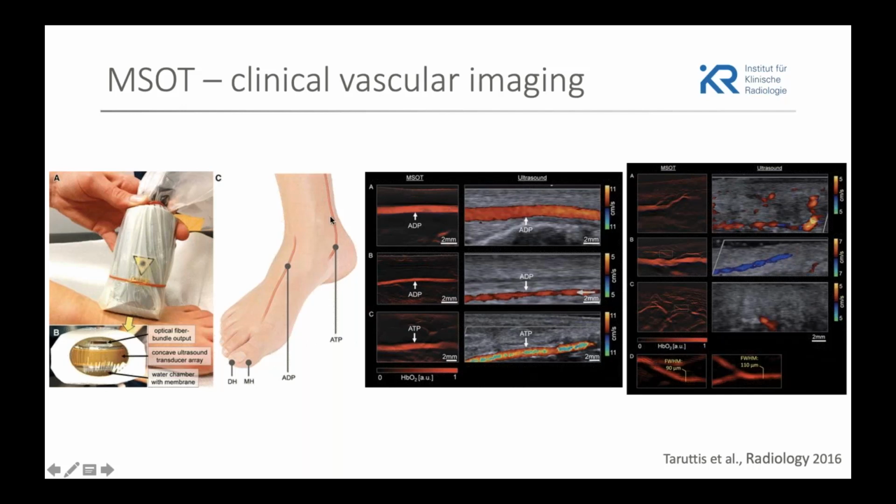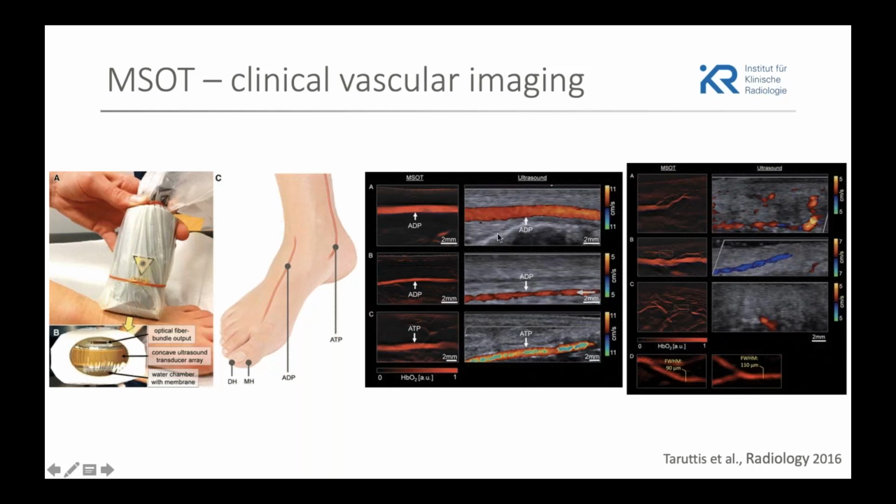And what they did is they went to healthy volunteers, and they were actually able to image the vessels of the foot, the bigger ones like the arteria dorsalis pedis on the back of the foot, or the arteria tibialis posterior, which is on the inner part and at the back of the foot.